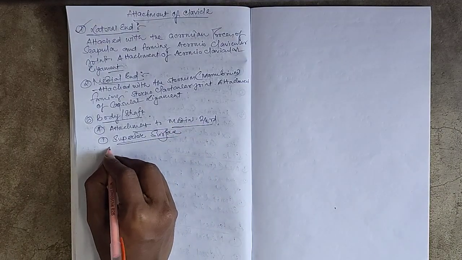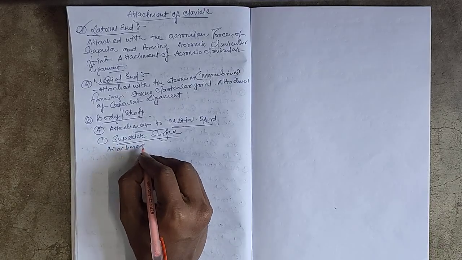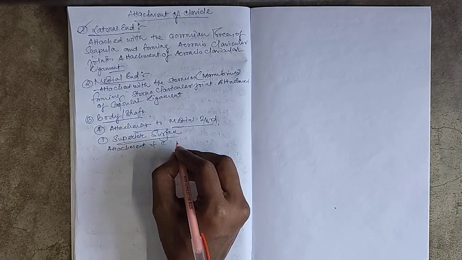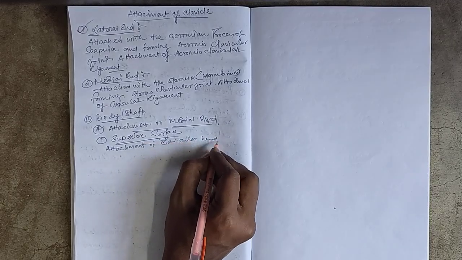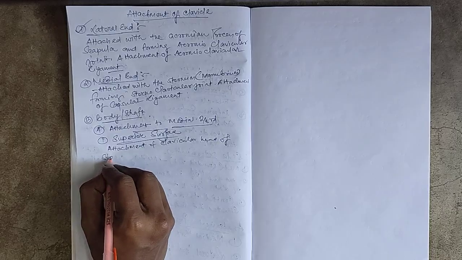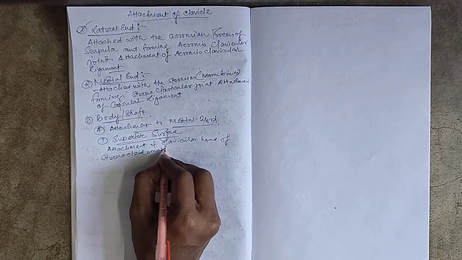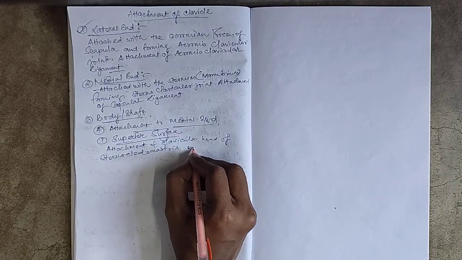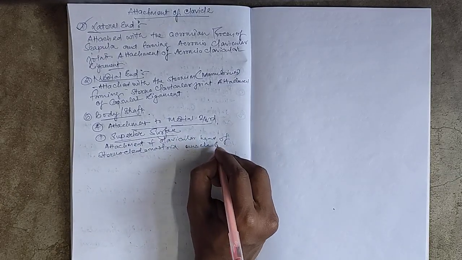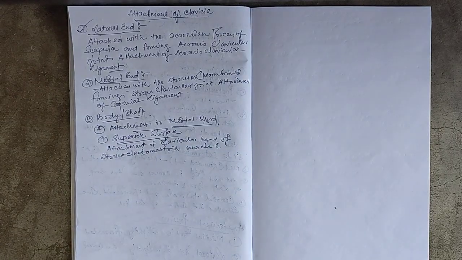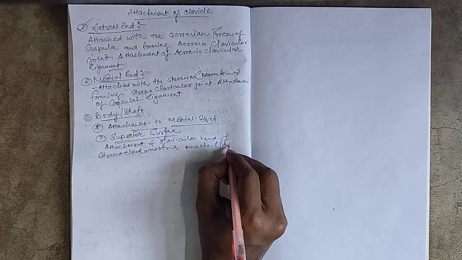In the superior surface, there the attachment of clavicular head of sternocleidomastoid muscle, and this sternocleidomastoid muscle is also known as Pandora box.